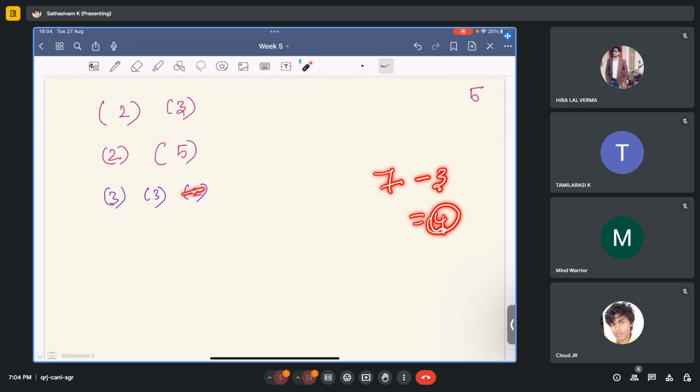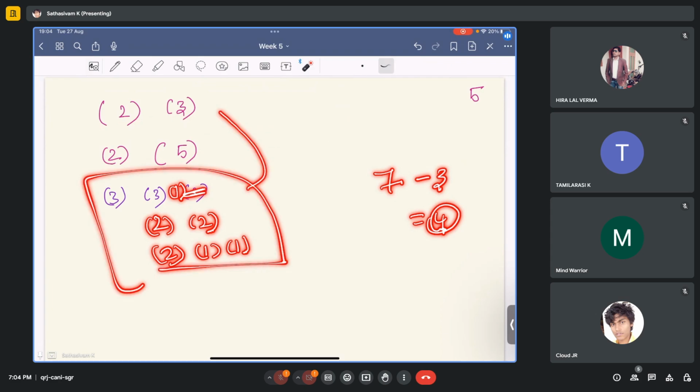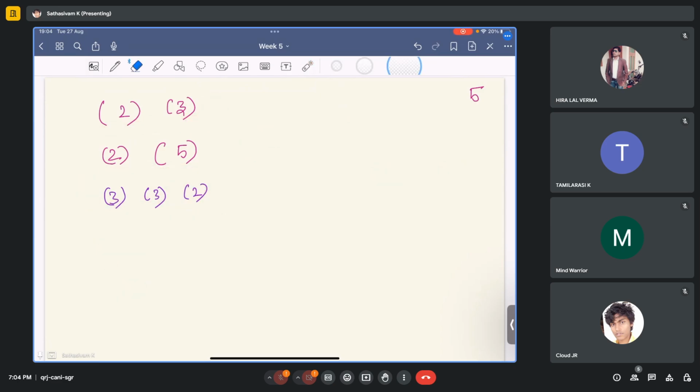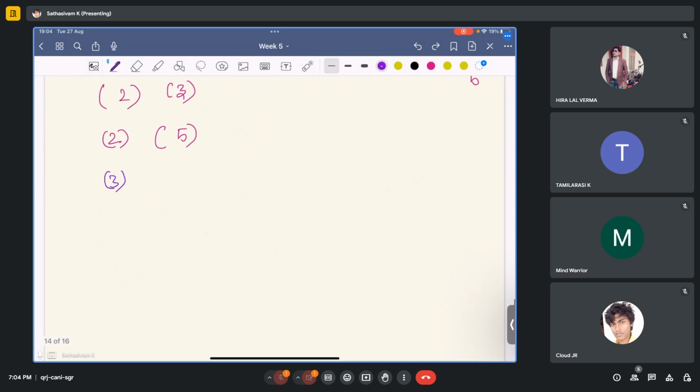You can put a 3 cycle and a 1 cycle, or a 2 cycle and a 2 cycle, or a 2 cycle and two 1 cycles. In whichever case, we have already observed it: there is a 3 and a 2, and that is already done. Whatever else comes, we have already calculated.